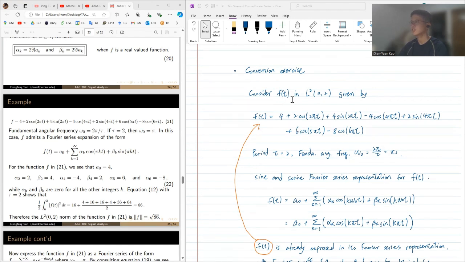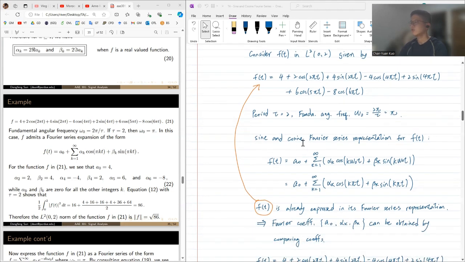Because this function is in the Lebesgue space from 0 to 2, we know that the period tau is equal to 2. This also implies that the fundamental angular frequency omega naught will be 2 pi over tau, which is pi in this case.